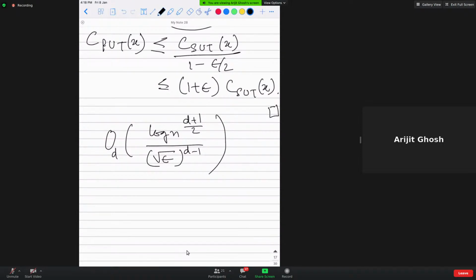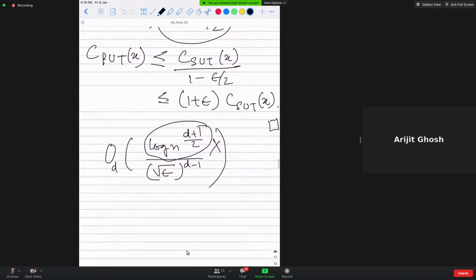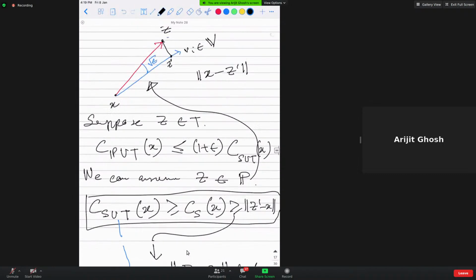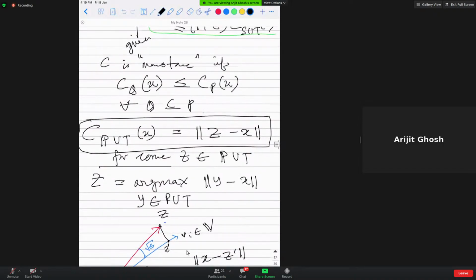But see, the way we have done the proof, actually I can maintain this coreset on a stream without needing this. This is not required. I can pre-compute the square root epsilon net beforehand. And then for each vector Vi, I will just be maintaining two vectors: the one with the maximum inner product for the set of points I have seen so far, and the one with the smallest inner product.